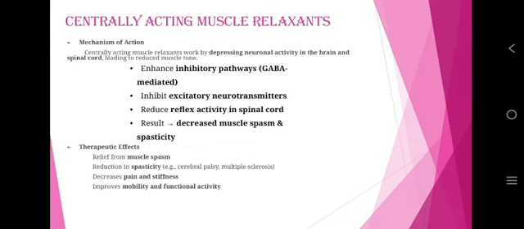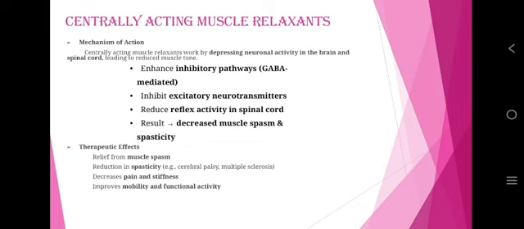And now we move on to the mechanism of action. First of all, we see the mechanism of action of the centrally acting muscle relaxants. These act on the spinal cord and brain, and work by depressing neuronal activity in the brain and spinal cord, which leads to reduced muscle tone.